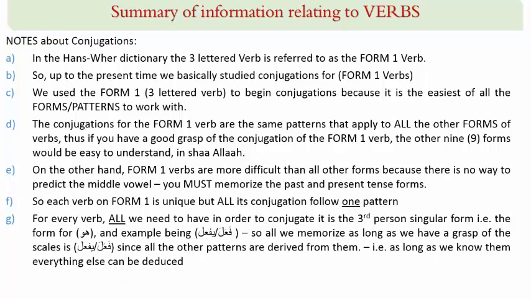So as long as we memorize fa'alat, fa'ala, fa'alata, fa'alu, it is going to be the same for all. Yaf'ala, yaf'alu, taf'alu, yaf'aluna, yaf'alani. As long as we memorize these patterns, inshallah, everything is going to fall into place because the forms are consistent. The prefixes and the suffixes are consistent.